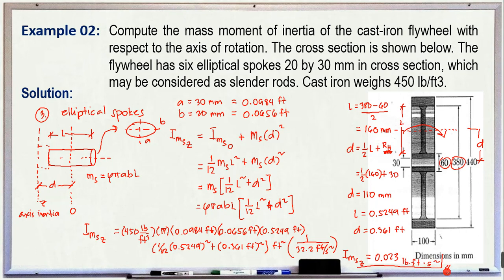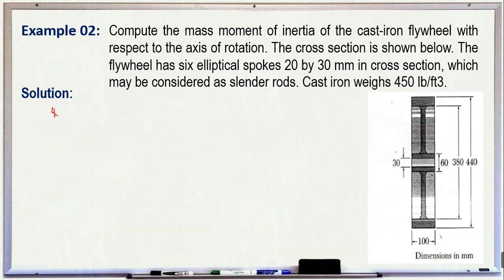Now, combining together, for number 4, the moment of inertia of our flywheel equals the moment of inertia of the hub plus the moment of inertia of the rim plus 6 times the moment of inertia of the spoke.